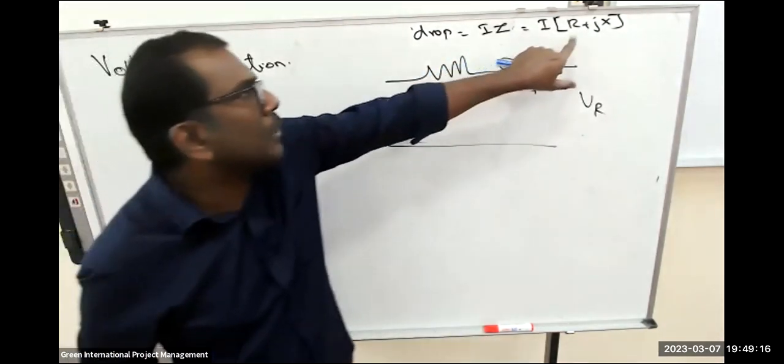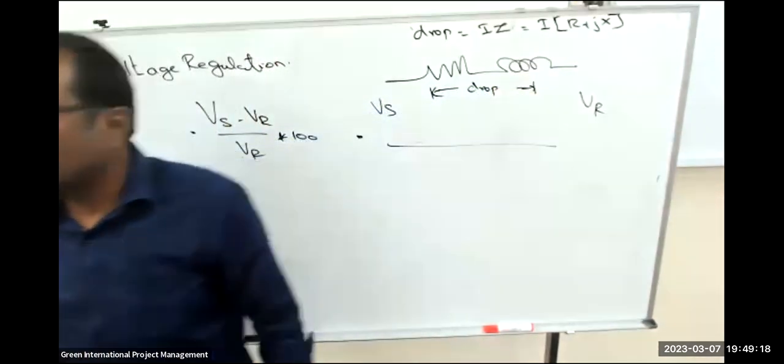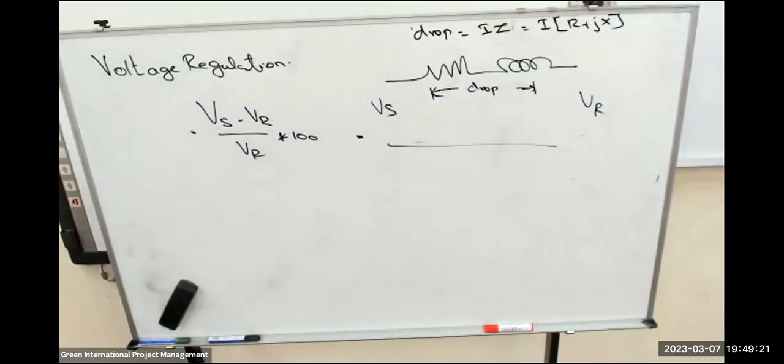We need to minimize the resistance and reactance. So by reducing the resistance value or reducing the reactance value, we can get better efficiency and better regulation.